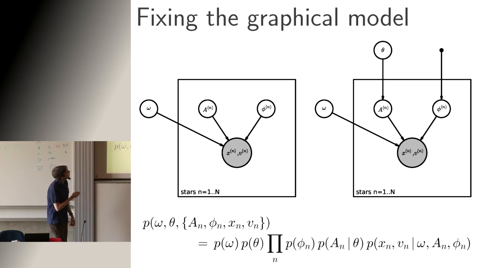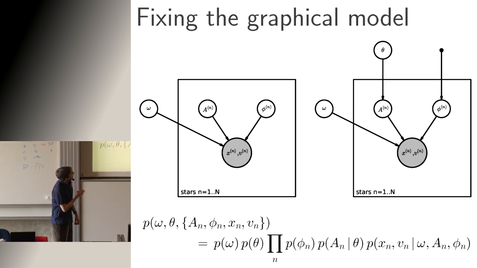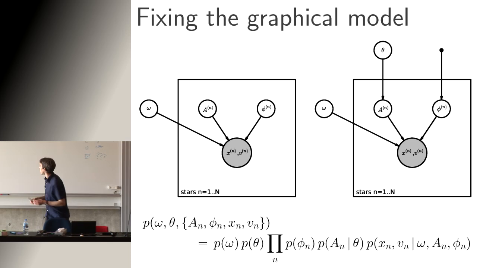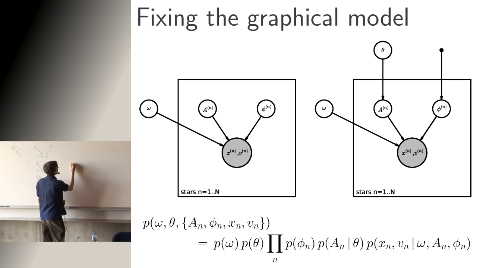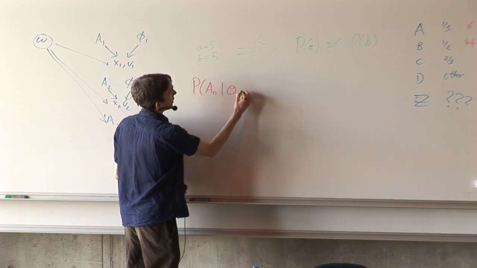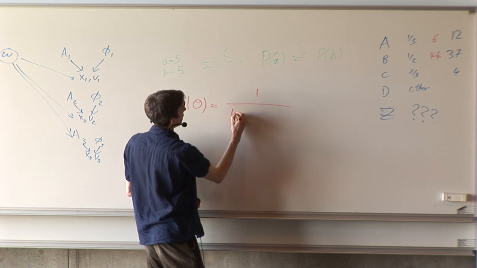What I should do is what it says on the graph on the right. I should say, these amplitudes all come from some common distribution, which is parameterized by theta, and I don't know what that distribution is. So I don't know what the theta is. I don't know what the parameters of this distribution are. So as an example, I could say the probability of an amplitude given theta is, I could pick uniform on a log scale.